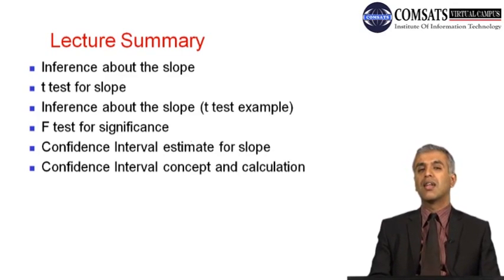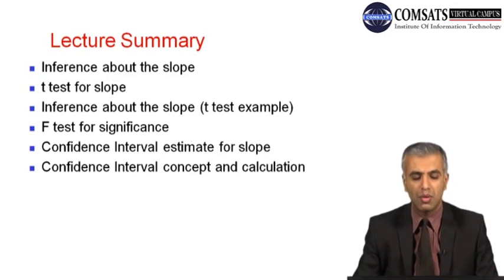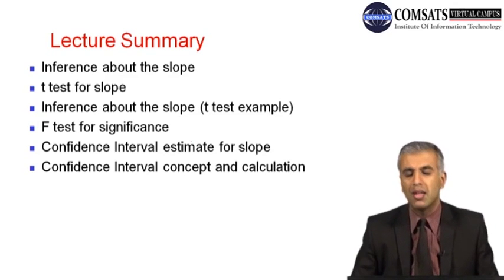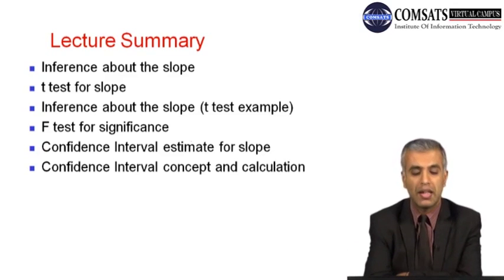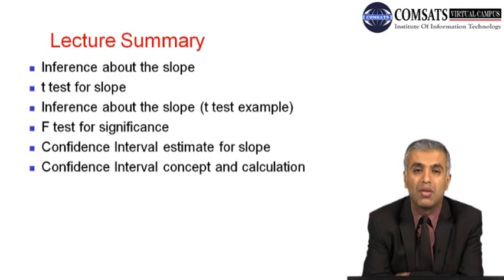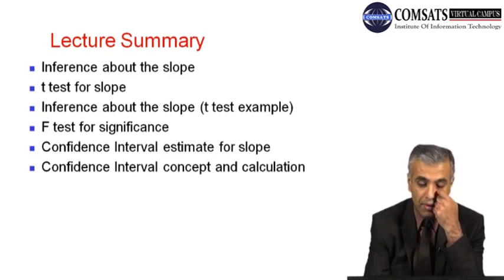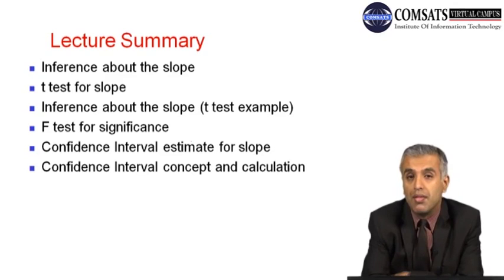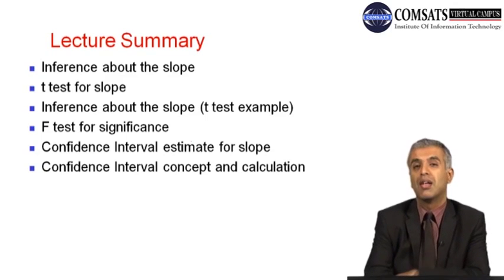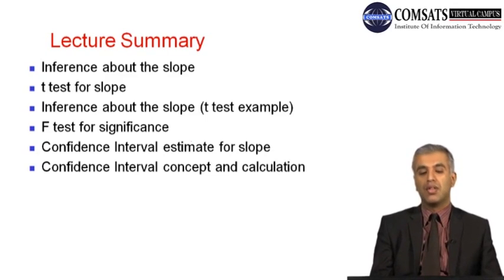So we conducted the t-test, how to calculate it, how to compare it with the level of significance, and then how to pass the verdict whether the null hypothesis is true or not. We had a detailed discussion about that. Then we took a practical example of the t-test, and how the values reported in software can be used for inference about the slope, and at what level these values can be accepted or rejected.